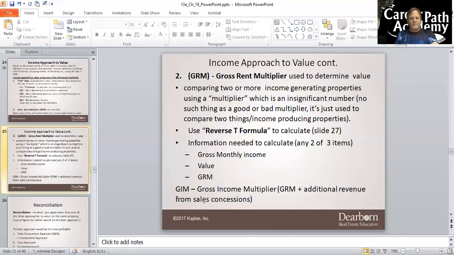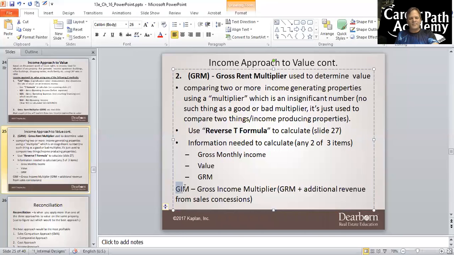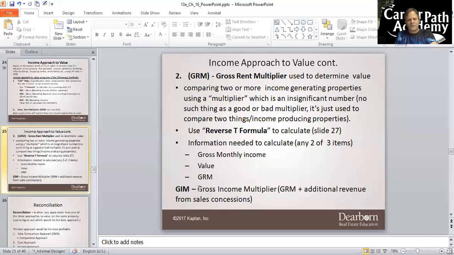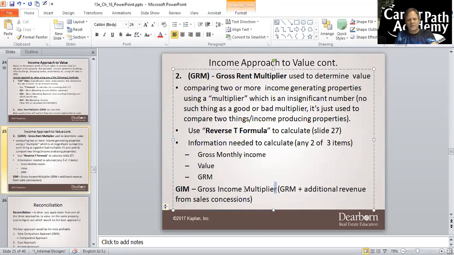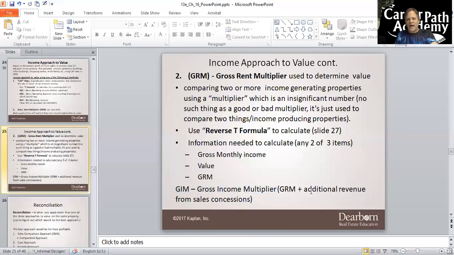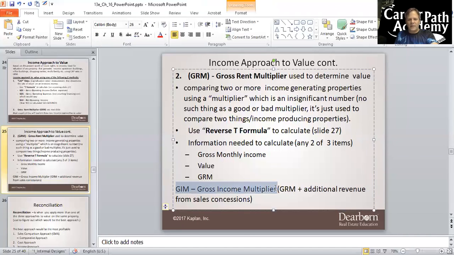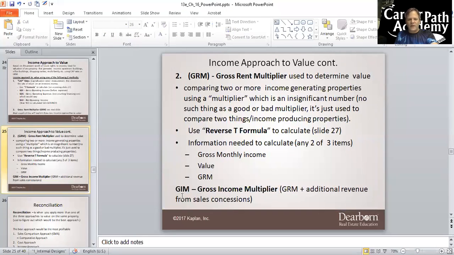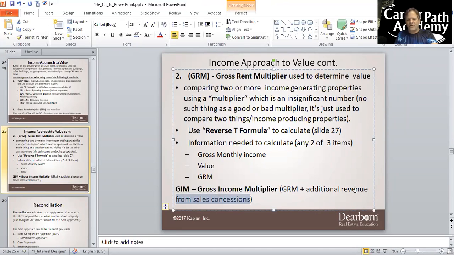All right. And then we also have something called a GIM, but I doubt we're going to get this on the exam. This is gross income multiplier. It's slightly different than gross rent multiplier. It also factors in additional income that you may get on the property, not from the real estate, but from sales concessions and other things like that.